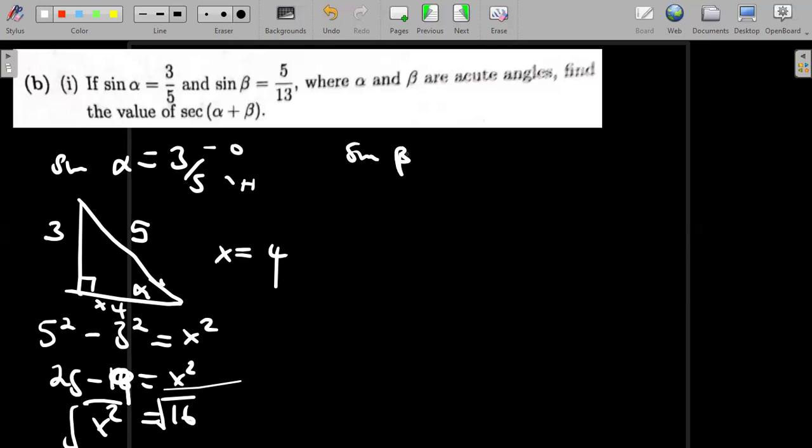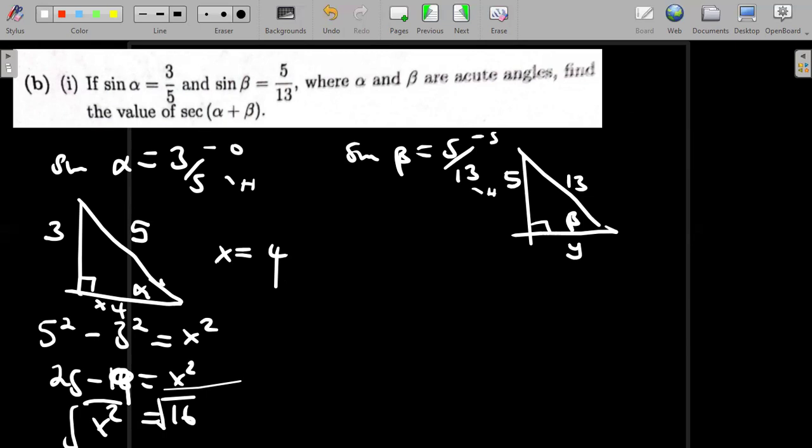Sine beta is equal to 5 over 13. Then you draw your triangle like that, and you have this angle to be your beta, and this is your adjacent, which we don't have yet, which is y. Our hypotenuse is 13, and our opposite is 5.